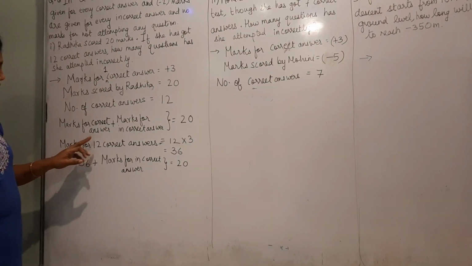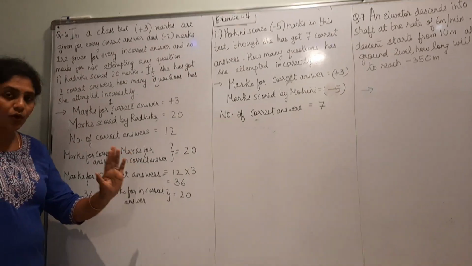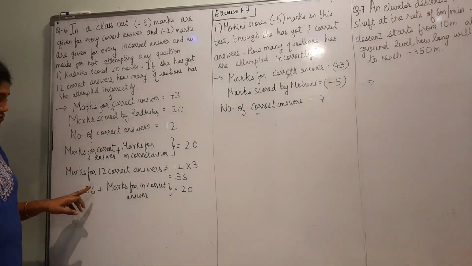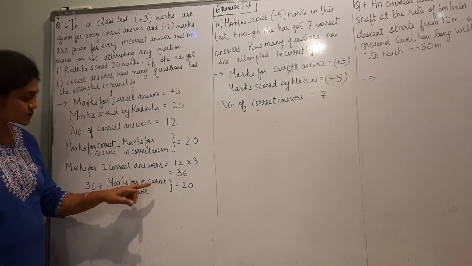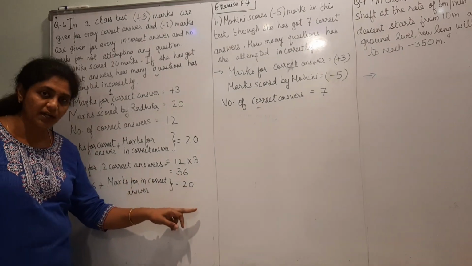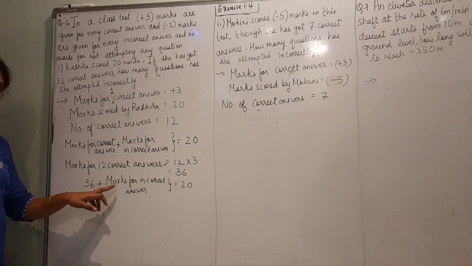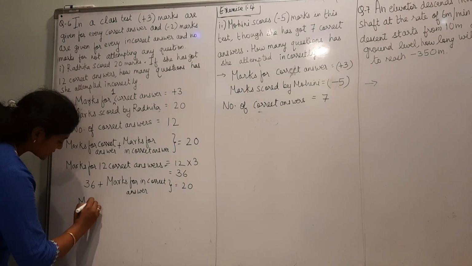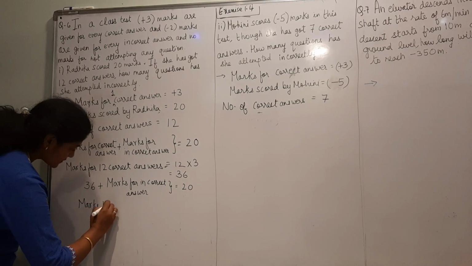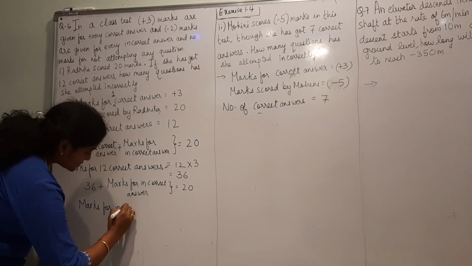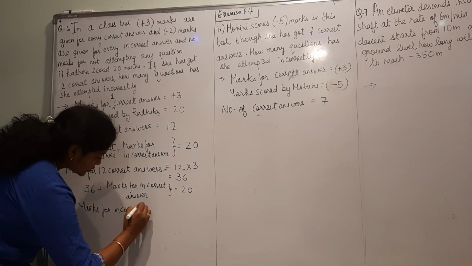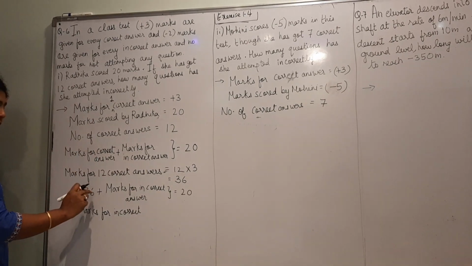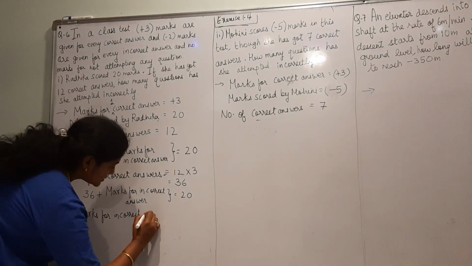So marks for 12 correct answers you know, that is 36. So 36 plus marks for incorrect answer is 20. So from this I can find marks for incorrect answers. That will be, from total you have to minus 36.